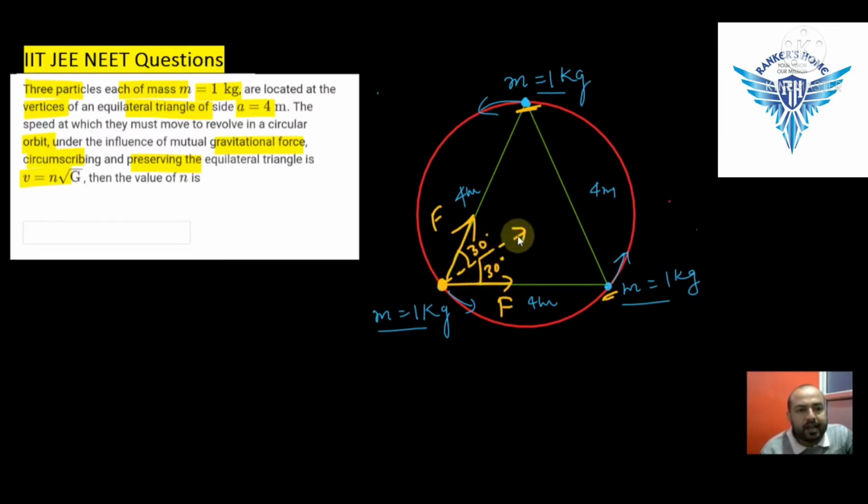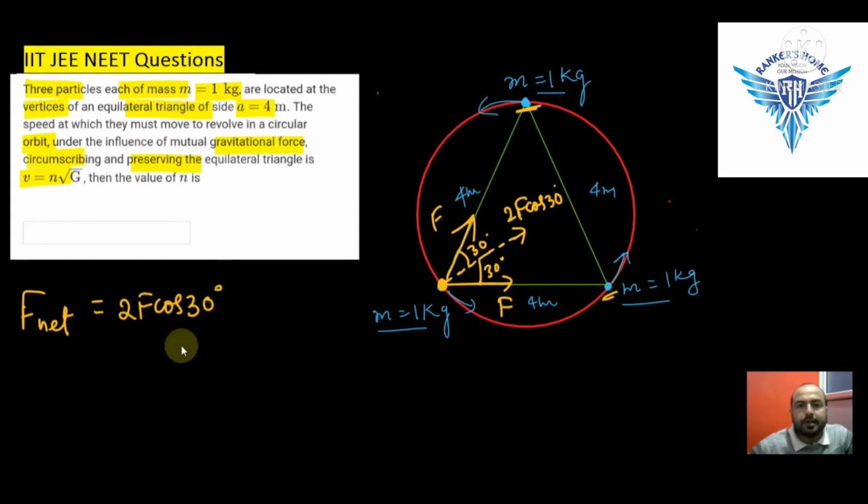We get F cos 30 from both sides, so 2F cos 30 is the net force, and the F sin 30 will be cancelled out in opposite directions. So the net force experienced by the particle towards the center of the circle is 2F cos 30.